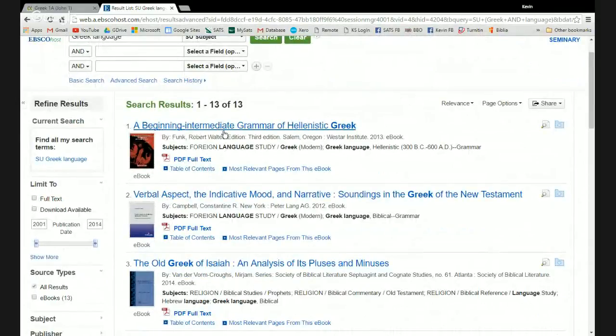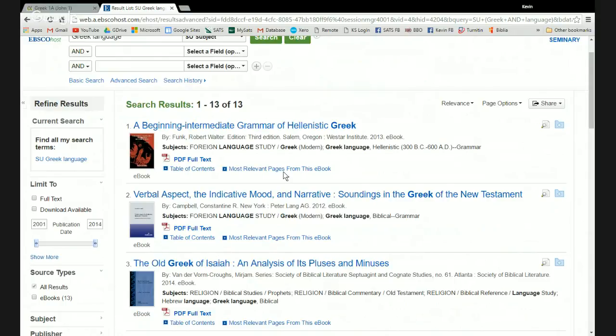The first one, a beginning intermediate grammar of Hellenistic Greek. This is by Robert Funk. Robert Funk is not a chap we would generally recommend if it was a theology course, but on Greek grammar he is one of the leading authorities, and this is a fairly new edition of his intermediate grammar.